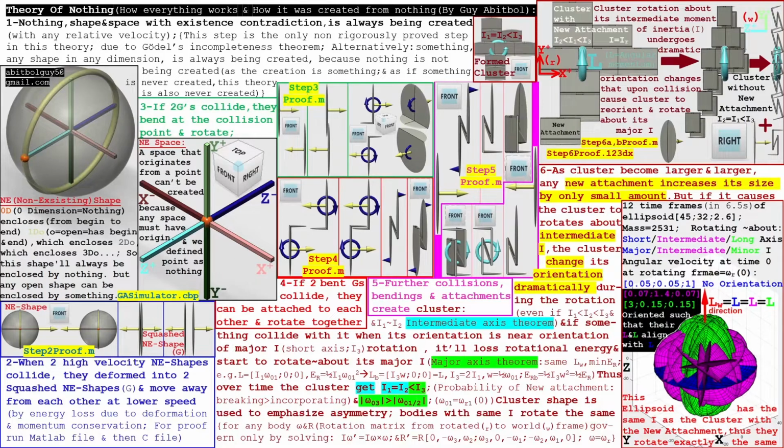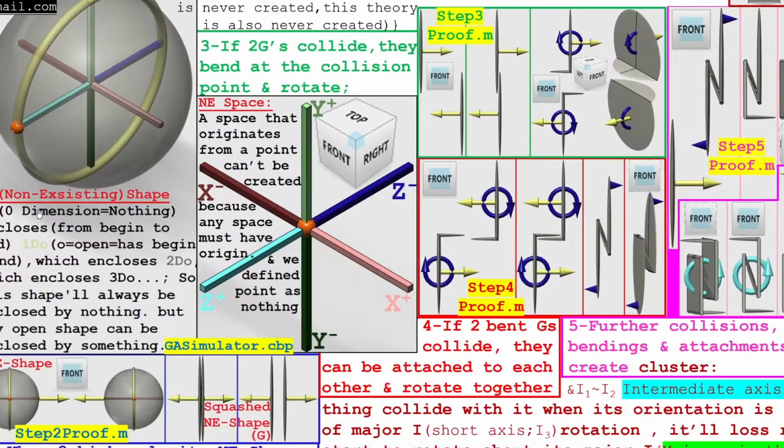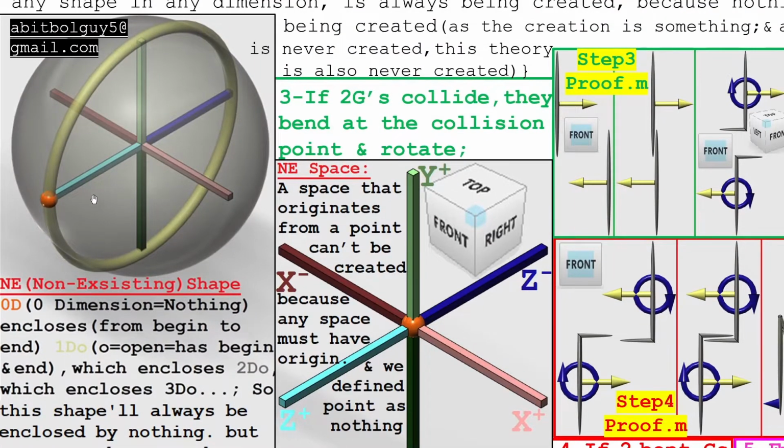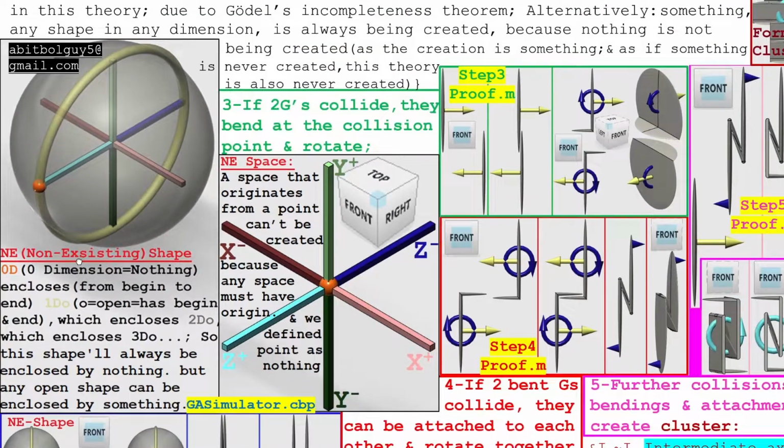Step number 1 is the only not rigorously proved step in this theory, due to Gödel's incompleteness theorem. It states that nothing, or a shape in space with existence contradiction, is always being created, with any relative velocity.